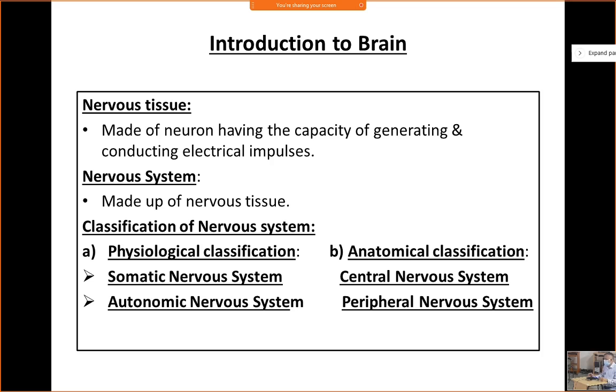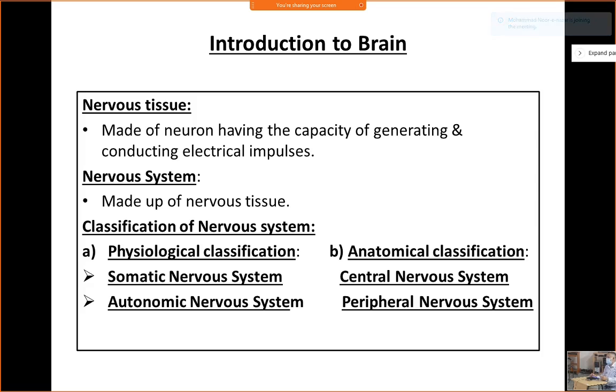Anatomical means according to the location of the organ. It is not that the somatic nervous system is different and the central nervous system is different. The same structures, somatic and autonomic, are within the anatomical classification also.